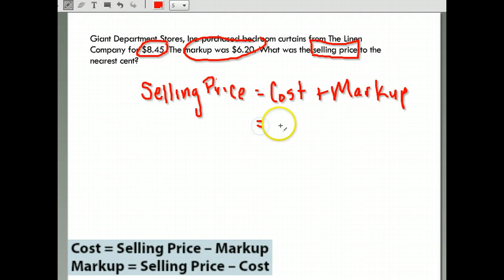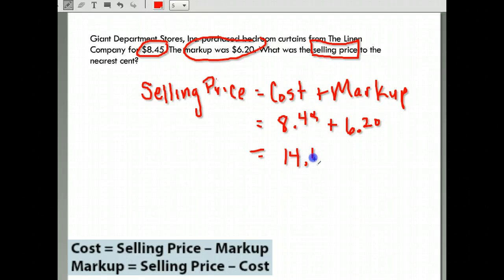So all we have to do is take our cost of $8.45 and add to that the $6.20 markup. And we get $14.65. That would be the selling price of the curtains.